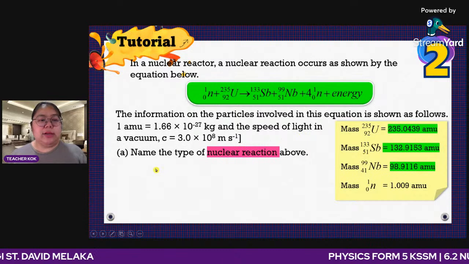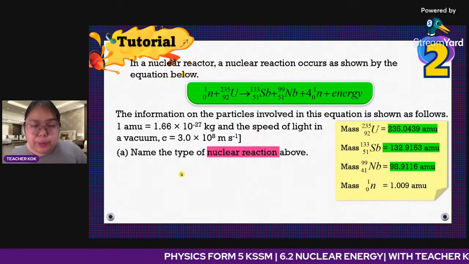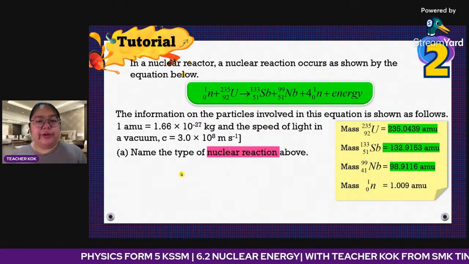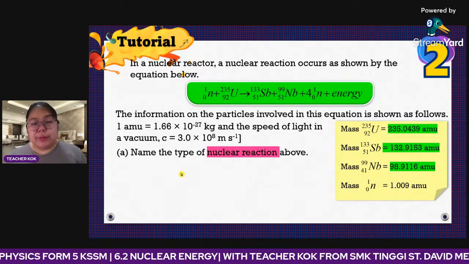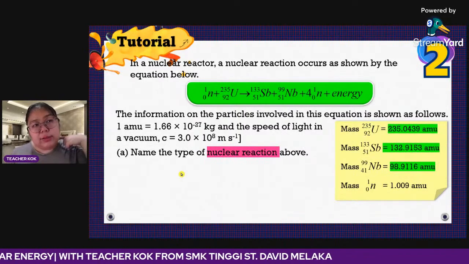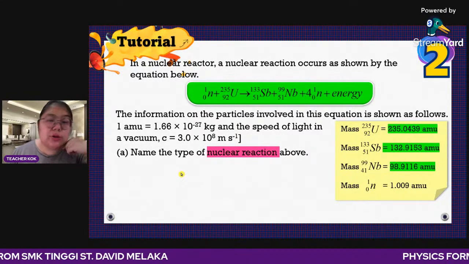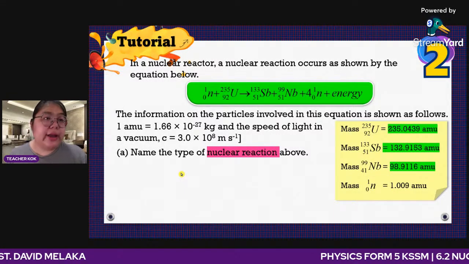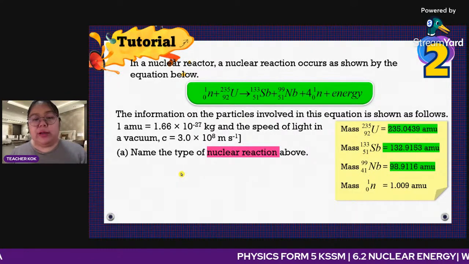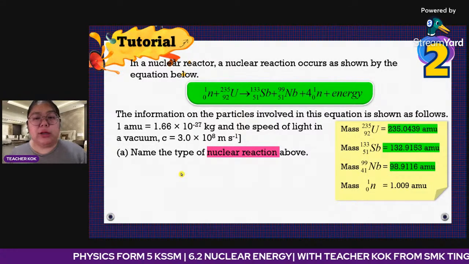The first question asks what the nuclear reaction above is. So what name do we call this nuclear reaction? We wait for the students to answer. I think it's no problem for you, this is just a simple question. You must know the nuclear reaction before you go through the equation.